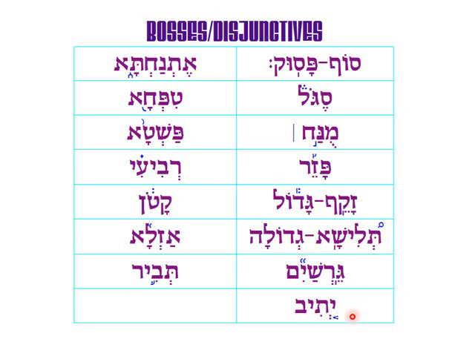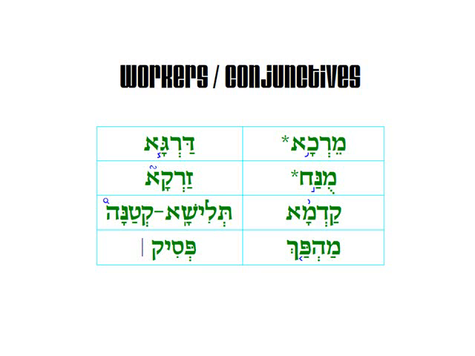These are the disjunctive tropes. What you might want to do is in your trope book, in the back appendix where your trope charts are on pages 92 and 93, put a little asterisk or something on all of these families where you have this pausal trope mark so that you remember that. Then the conjunctives, or the workers, these conjoin, connect one word to another.